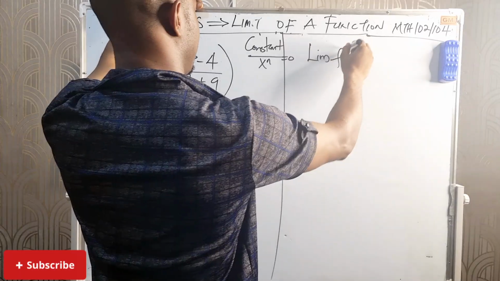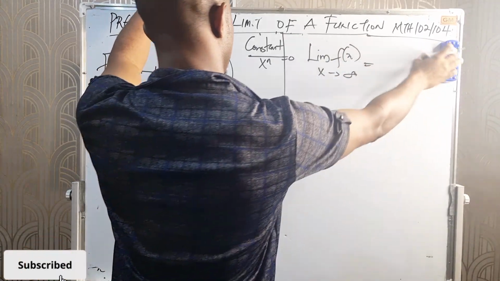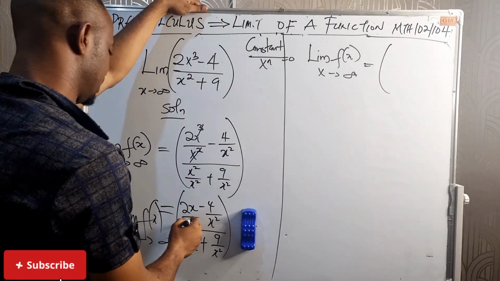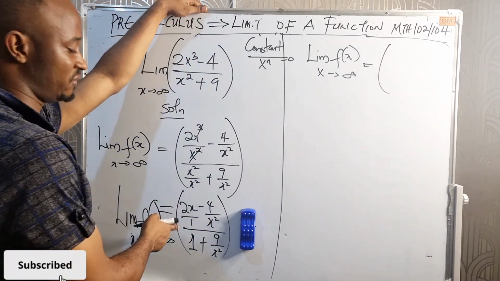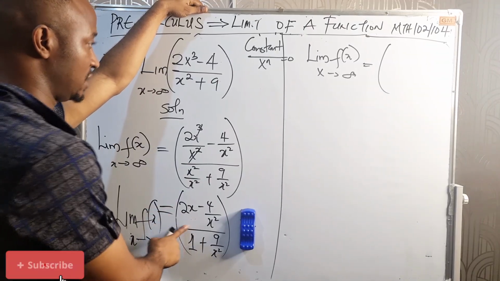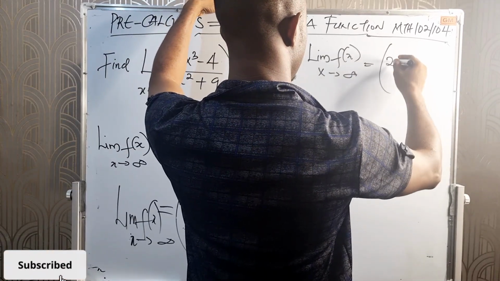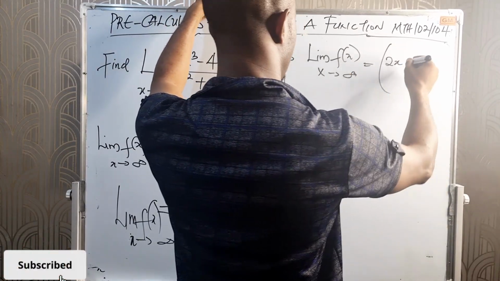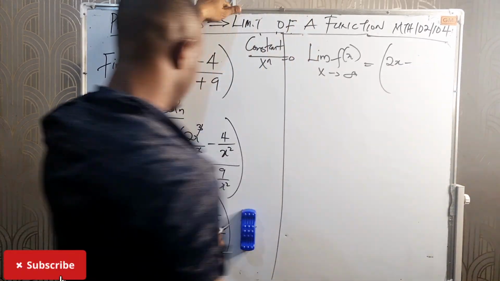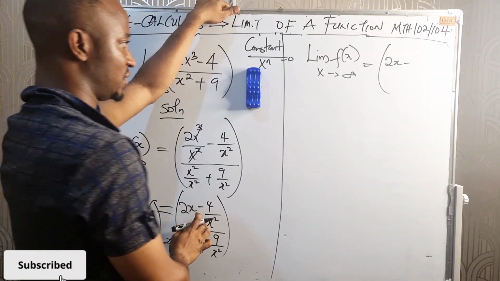The limit of f of x as x approaches infinity is equal to, here we have 2x over 1. This is not a constant over x to the power of n, so I will leave it as 2x. 4 over x squared is 0, since this is a constant over x to the power of n.